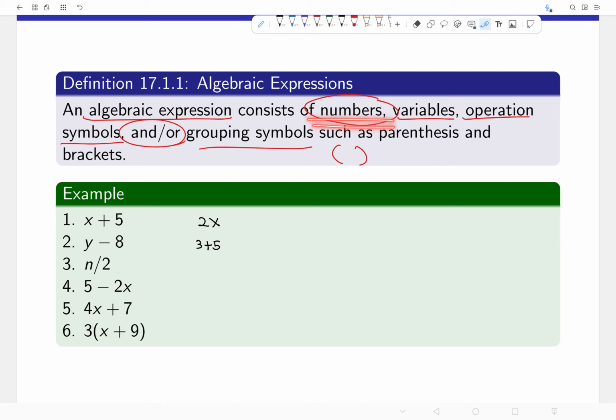It does not mean that we have to have a variable or a grouping symbol. So in this definition, it is clear that it can also be numbers alone, like this 3 and 5. And of course, we have an operation which is plus, so 3 plus 5 is considered an algebraic expression.